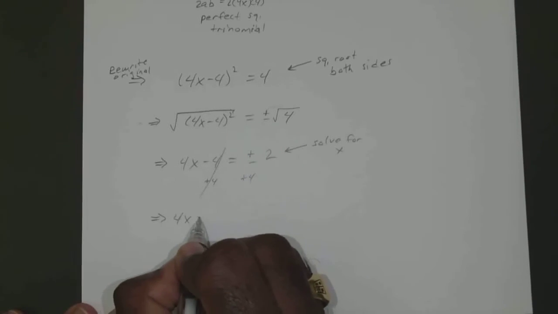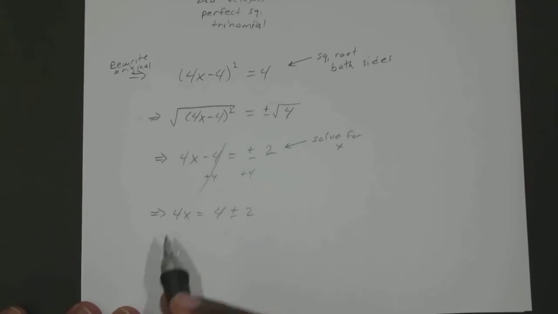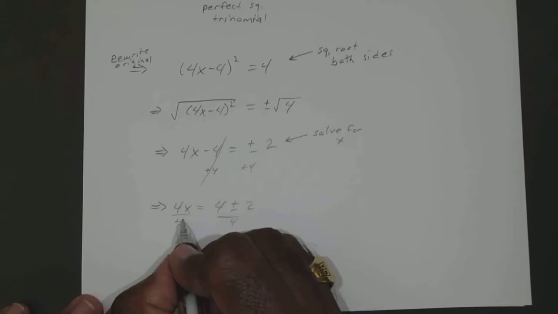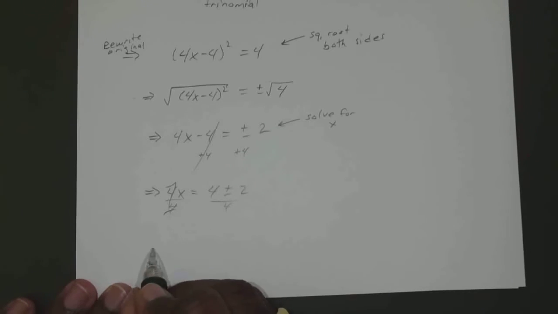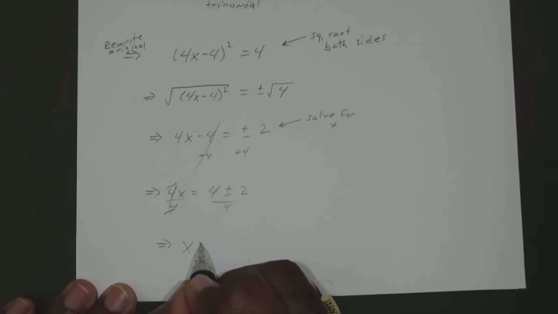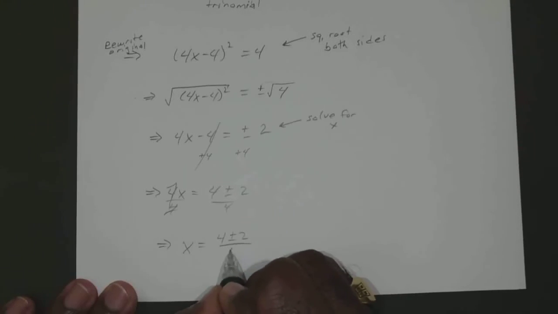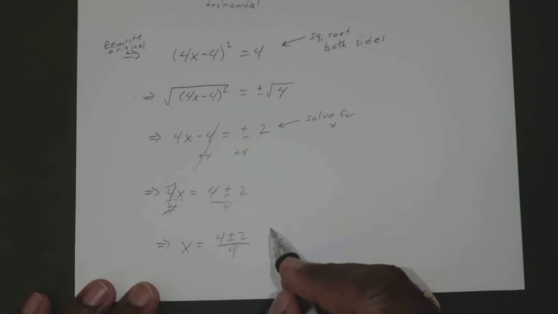So you have 4x equals 4 plus or minus 2. Then we divide both sides by 4. Anything divided by itself is just 1. Oops, scoot that up a little bit. So we have x is equal to 4 plus or minus 2 over 4, which can be pretty easily simplified.